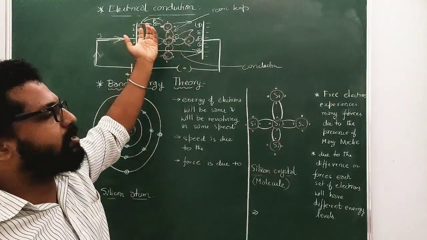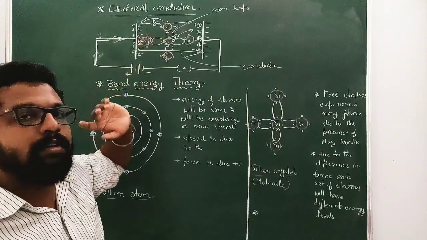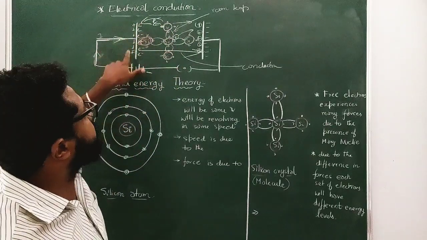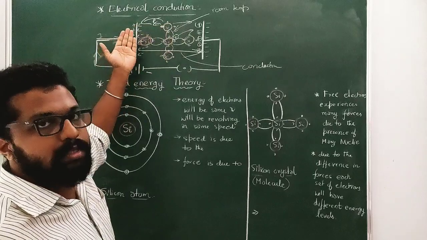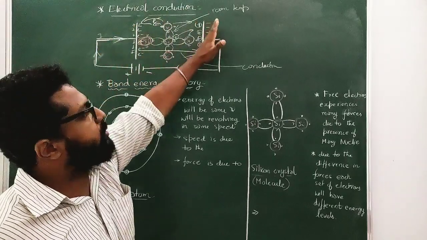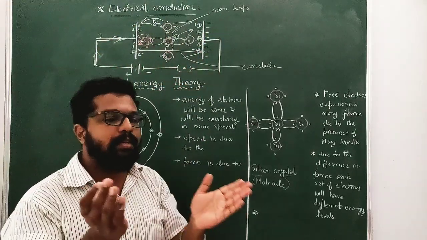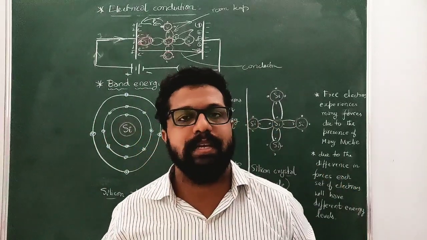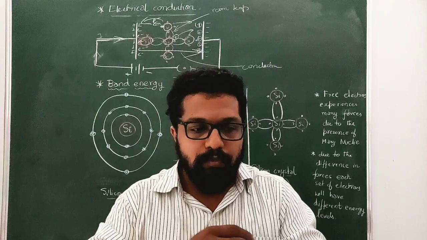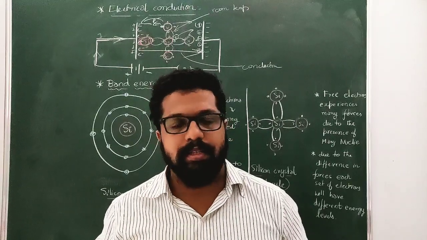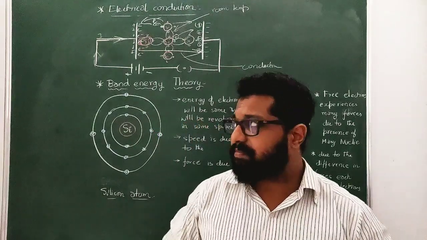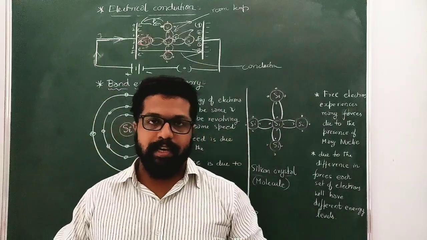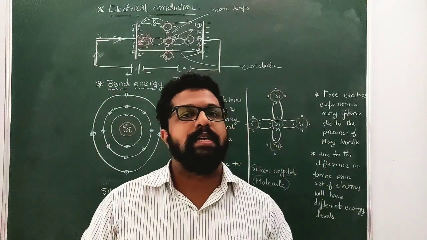You can reverse the conduction as well by changing the polarity of the battery. That means if I make this a negative end, all the holes will come and stand this side, and the electrons will stand on the opposite side, which means there is a continuous movement of electrons and holes, which creates a movement of current within the conductor, and that's how electrical conduction actually takes place when you imagine the silicon crystal.